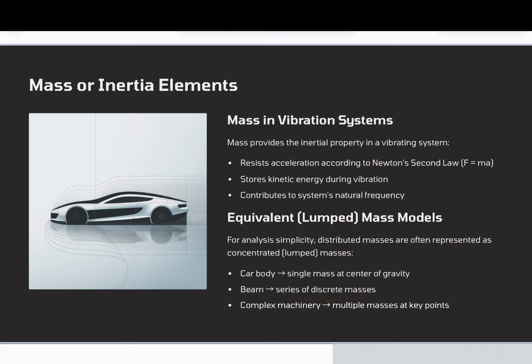That means a beam has a lot of points, as we said, a continuous system, but we simplify it as a discrete system and model it as a series of discrete masses. For complex machinery, we represent multiple concentrated masses at key points of interest, just these key points, because we need to simplify the analysis.